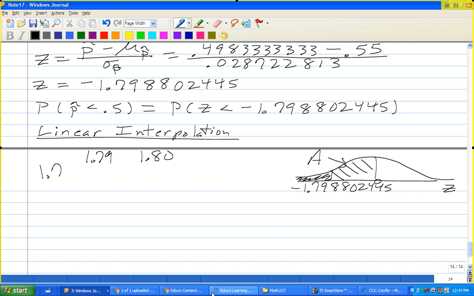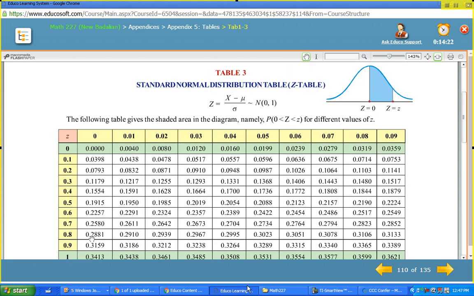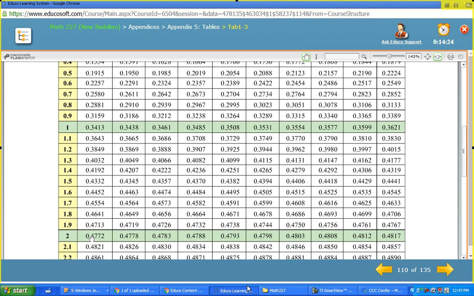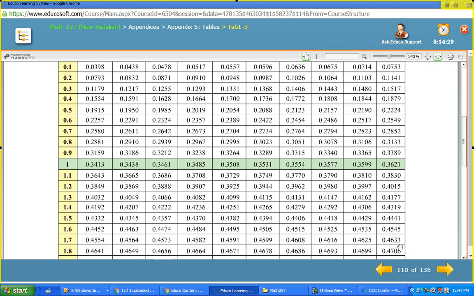So if you look, .79, there it is. So here's 1.79, 4633, and 1.8, 4641. Oh, okay.